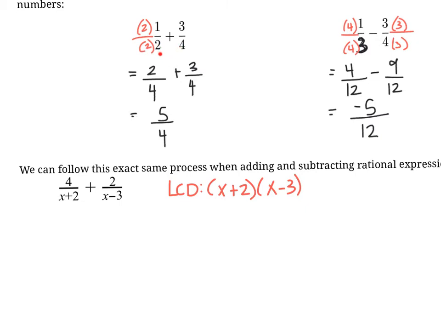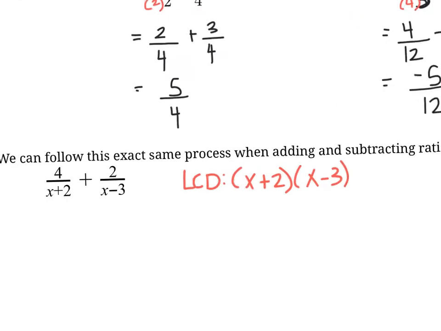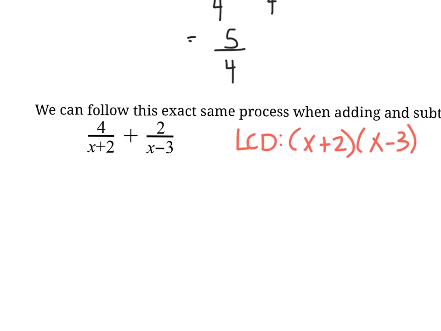We looked creatively and realized I can make 4 out of this 2 by just multiplying by 2. So these are the two techniques we're going to use. In this case, let's try multiplying these two denominators together. So what would this look like? If I have to make this LCD, what would I have to multiply this fraction by? Let's put some brackets around here so I can start multiplying.